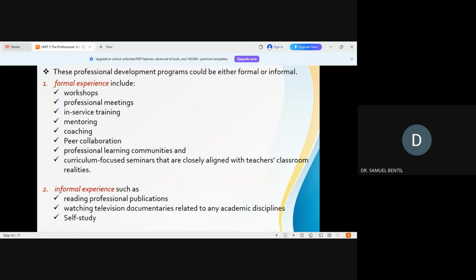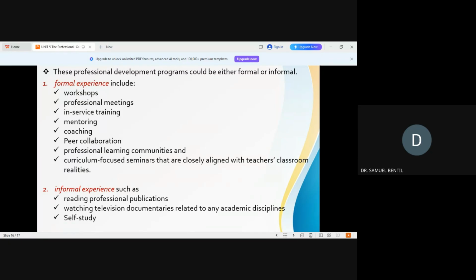Then we have informal experiences, such as reading professional publications. For example, when people have written papers on some professional development issue and published them, and you also read those publications, these are not sanctioned by organizations or institutions, but you read to also get knowledge and experiences from them.